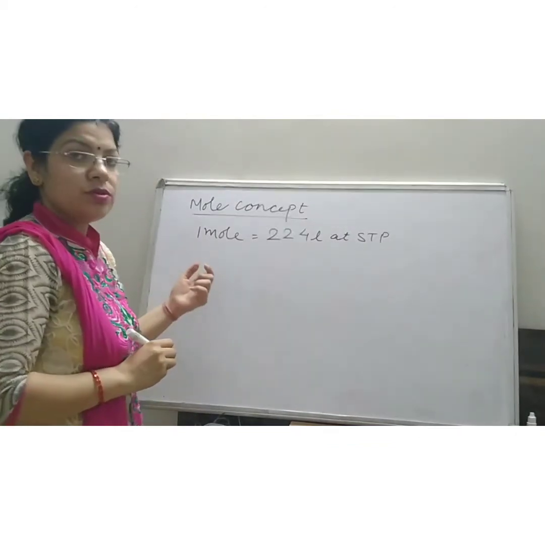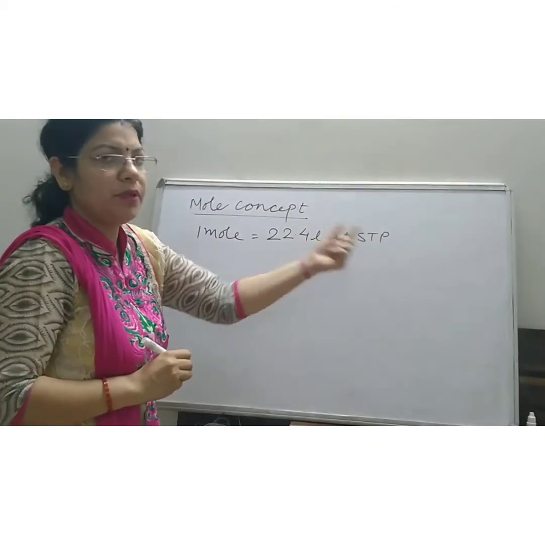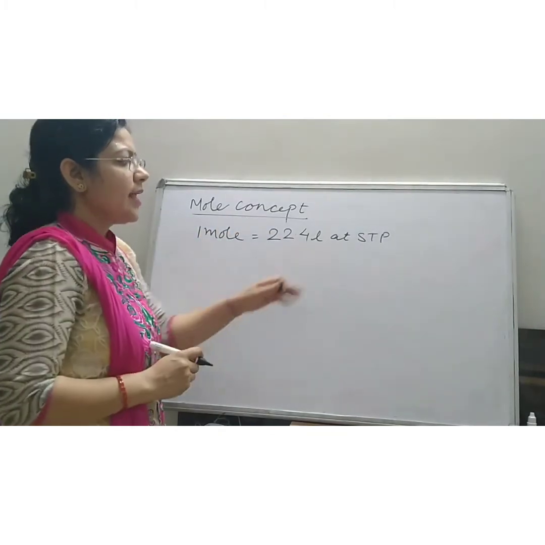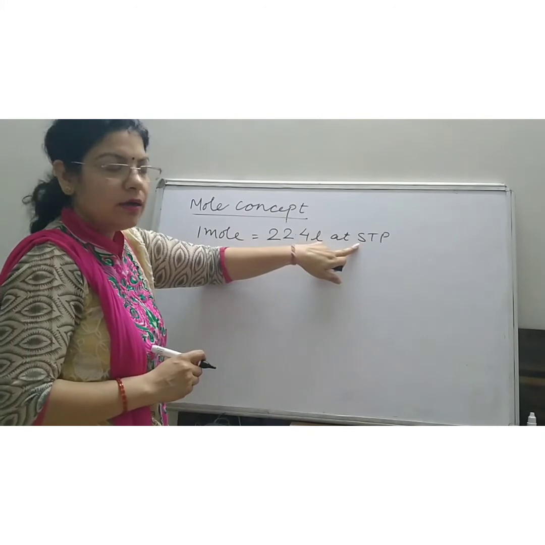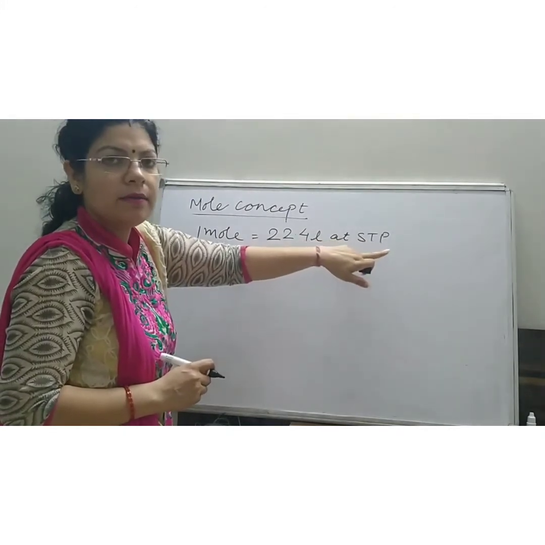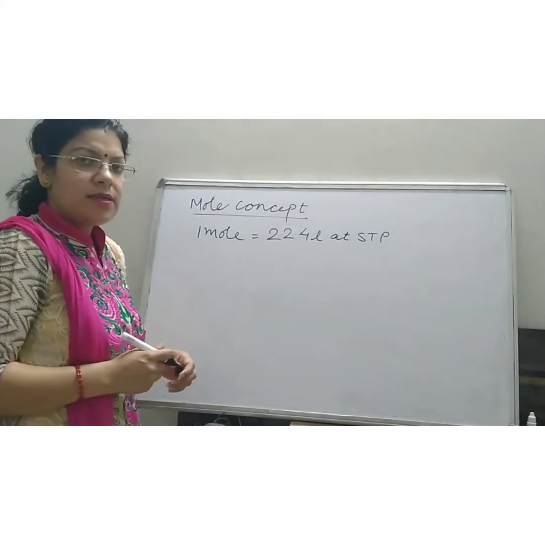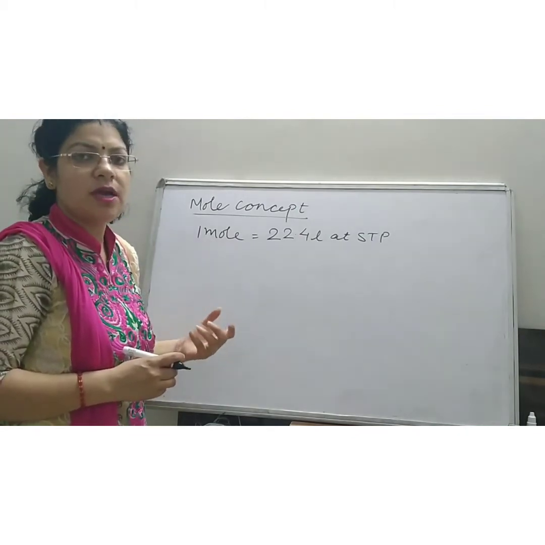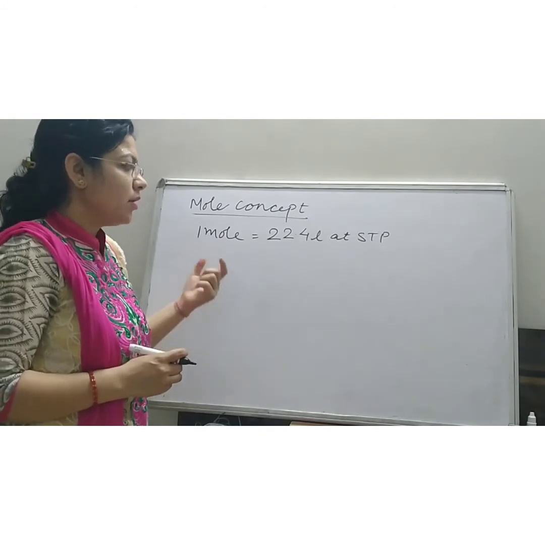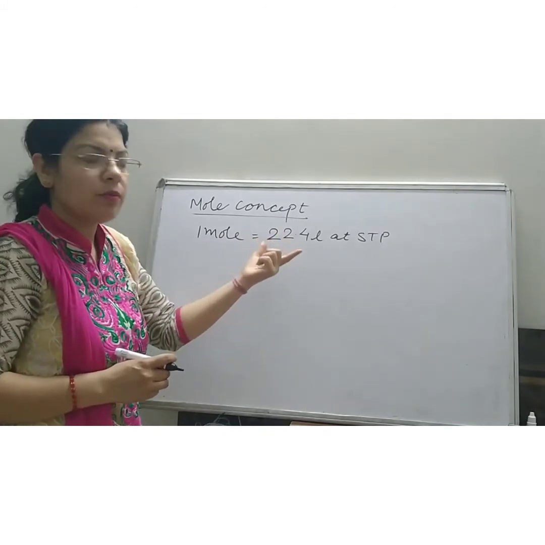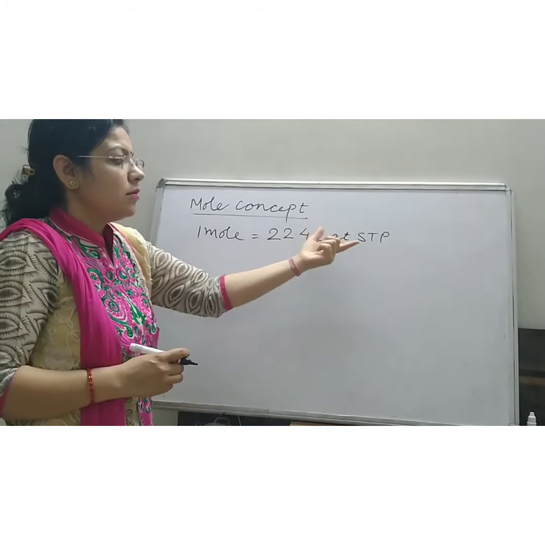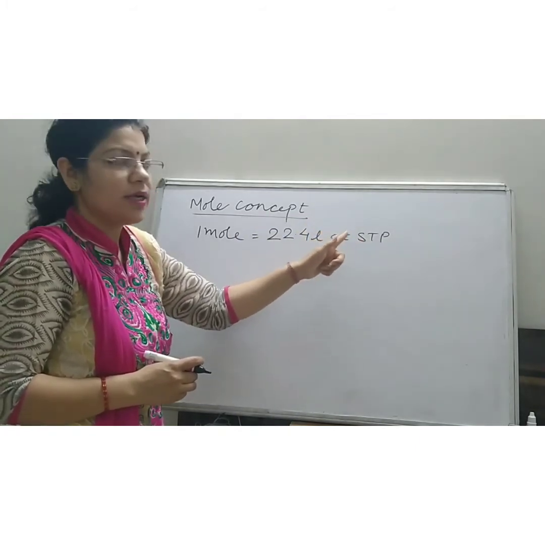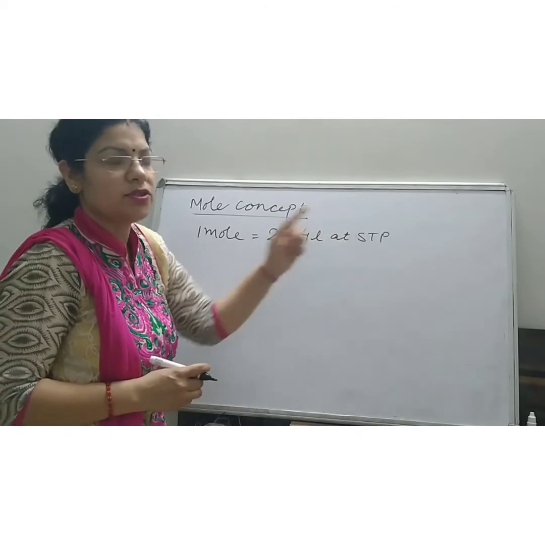Why do we use STP here, and what do we mean by STP? Here STP means standard temperature and pressure. As by changing temperature and pressure, the volume of substance also changes. Therefore, in case of the volume, we take the necessary condition, that is STP or standard temperature and pressure.